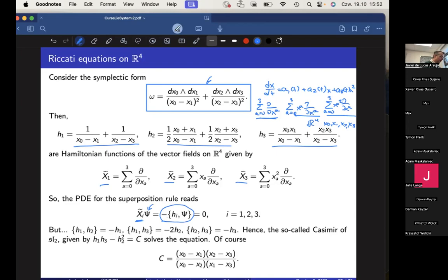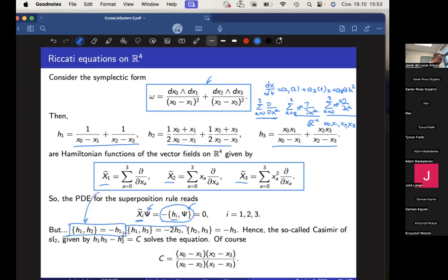What it is saying is that this psi is something that commutes with respect to the Poisson bracket with all the functions hi. And the nice thing is that since the vector fields X1, X2, X3 span a Lie algebra of vector fields, the diagonal prolongations do also. This is what I proved. And due to symplectic geometry, I proved that the functions too.